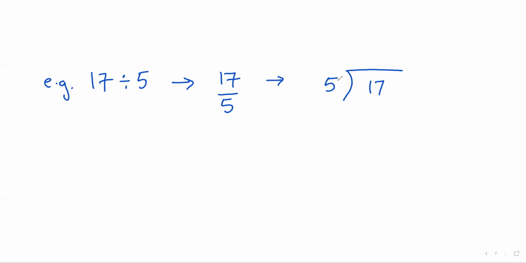In the table of 5, 17 does not come, but a number comes that is near to the 17 and is less than 17. Therefore, as we know that 5 3s are 15. Here 17 minus 15 is 2. This 17 is not exactly divisible by 5. Therefore, some number is left behind. This last number is called remainder.